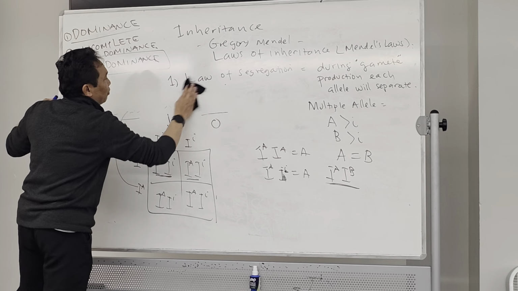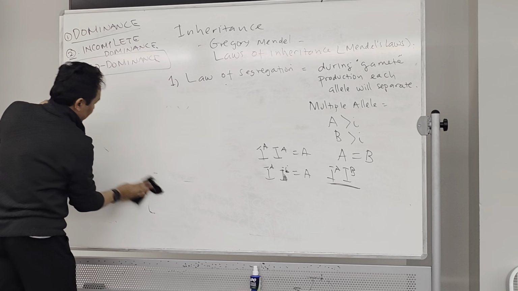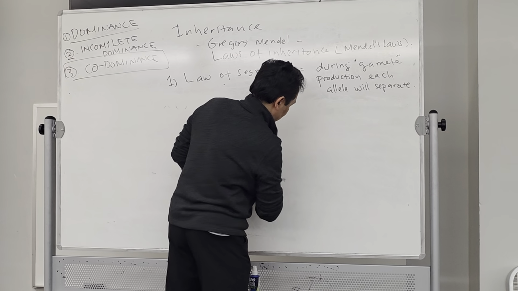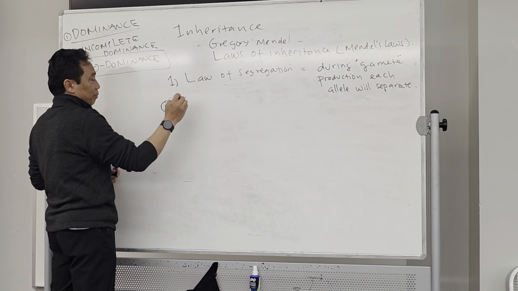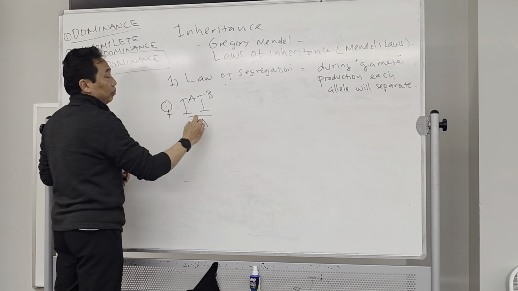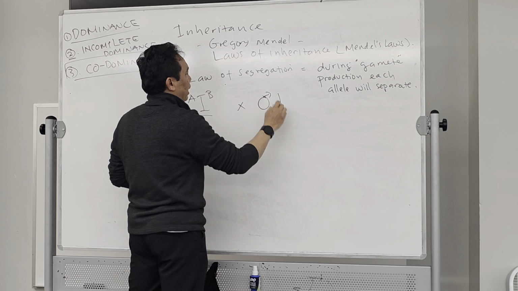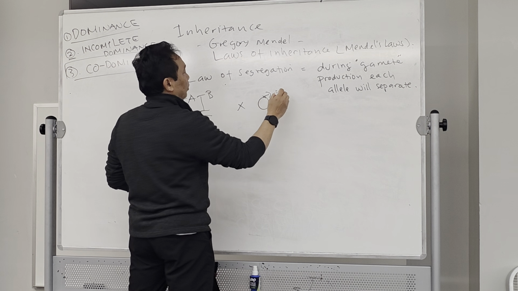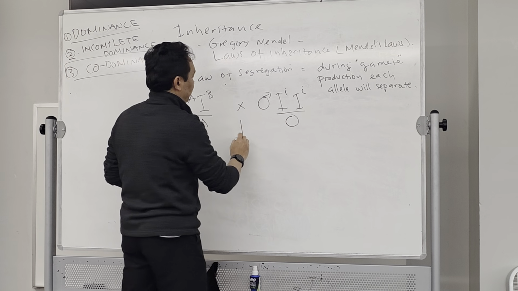Now, this is for the final exam, just to make sure that you're able to answer the inheritance questions correctly. Let's say this is a mother that has AB blood type, married with a husband that has O blood type.